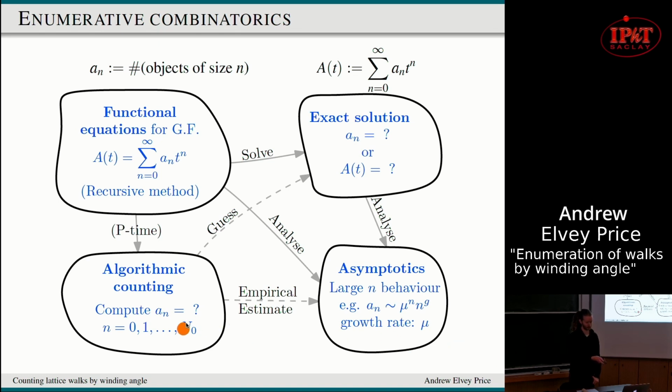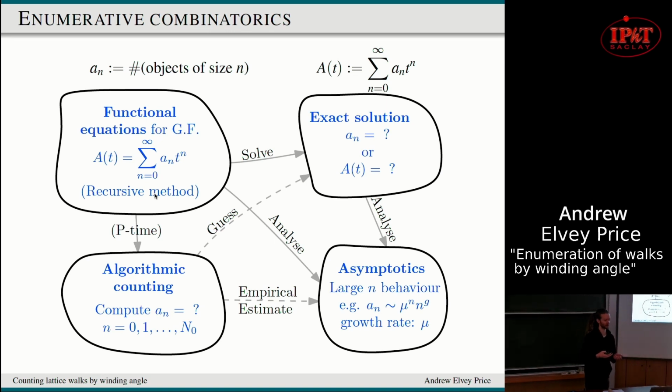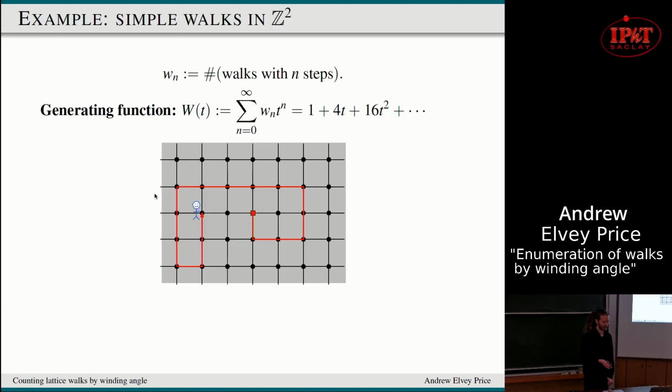It's also nice to be able to compute the exact values of a_n for small n. And something which is particularly relevant to my work is functional equations. Functional equations are a tool that we use to get all of these other three things.